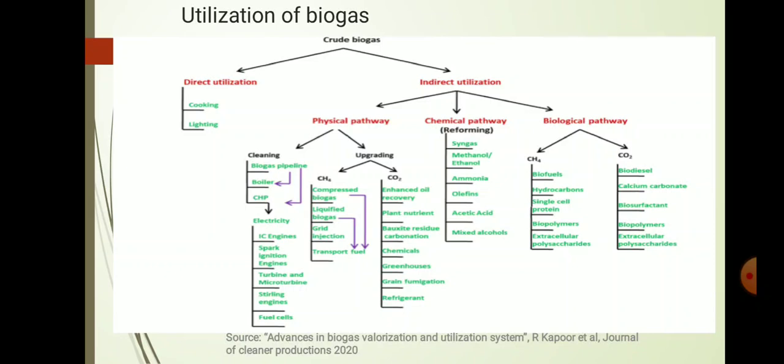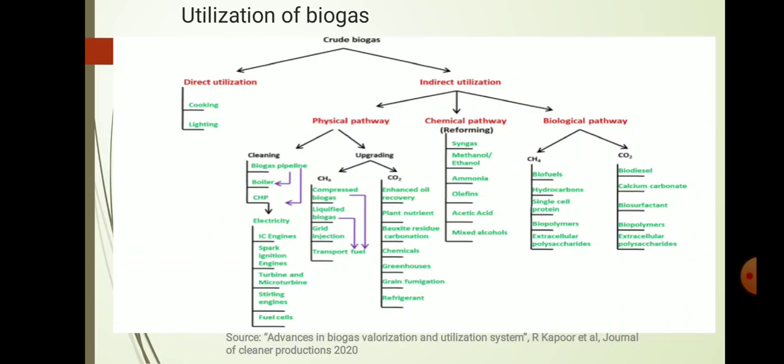Cleaning means we have to remove carbon dioxide, hydrogen sulfide, siloxane, etc. by a suitable method, and then we can use it directly for different applications. What are the applications? After cleaning, we can use biogas as input fuel for a boiler. We can use it for power production, combined heat and power, CHP.